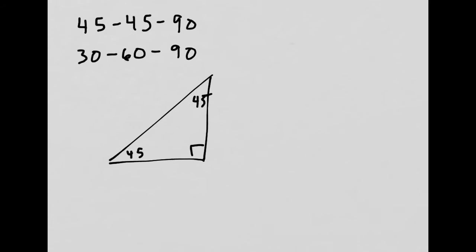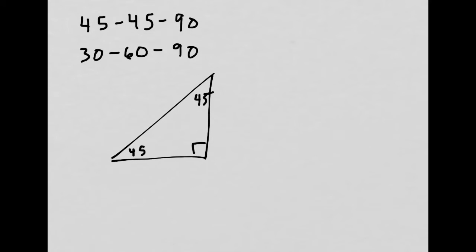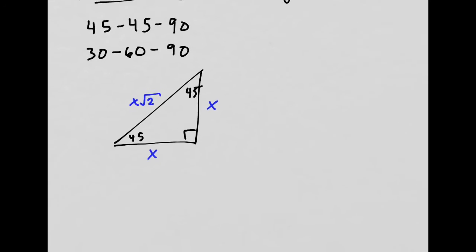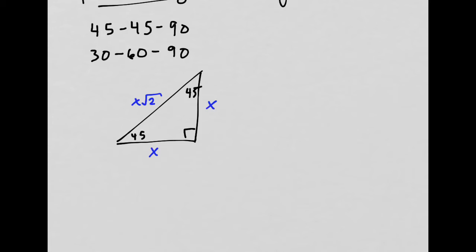These are important because you can figure out really quickly what the side lengths are by this kind of ratio or proportion. But this is how you can figure this out.